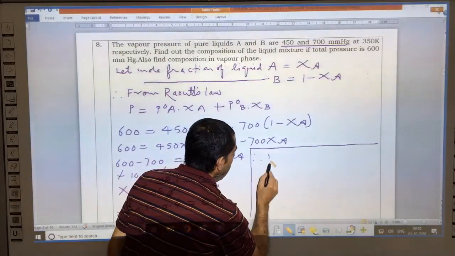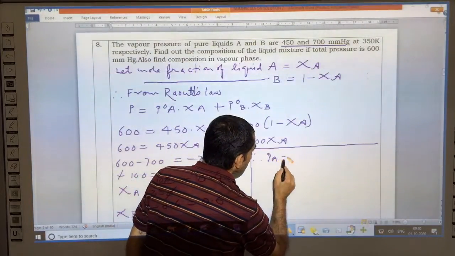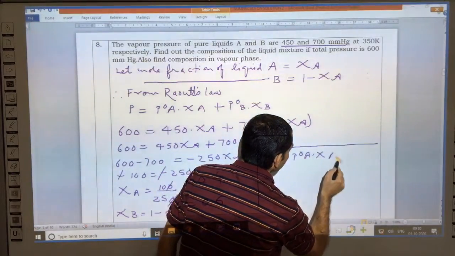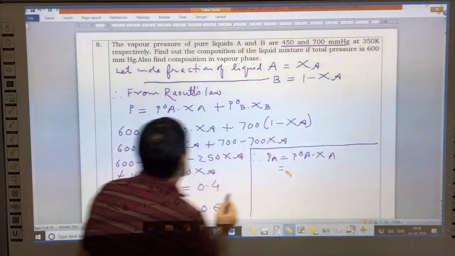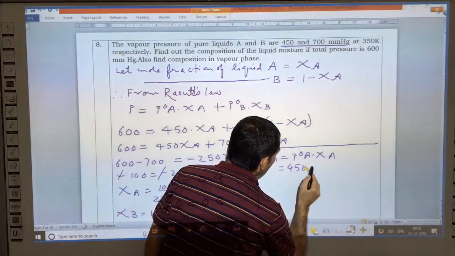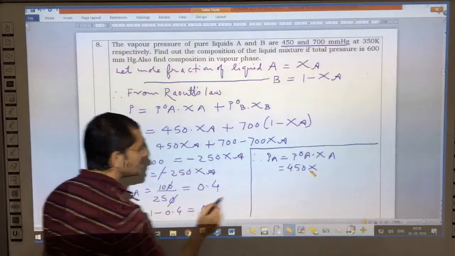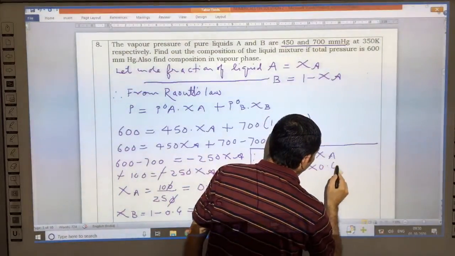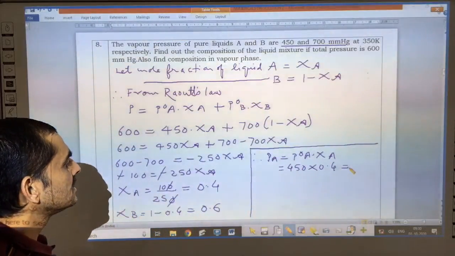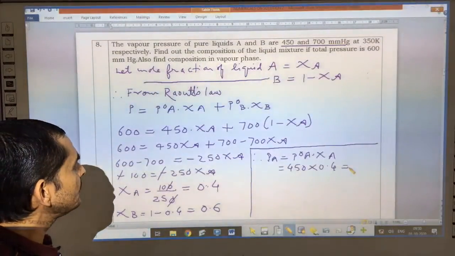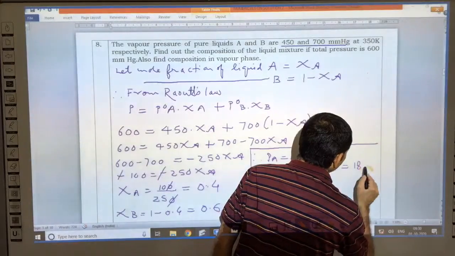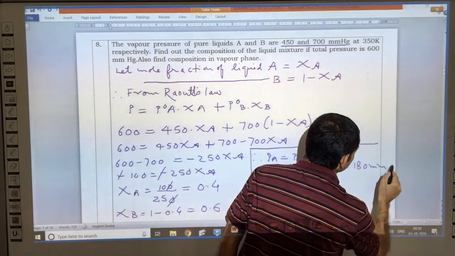Therefore, PA will be equal to P naught A XA. What is P naught A? 450 multiplied by mole fraction XA 0.4. This comes to be how much? 4 5 20, 4 4 16, 17, 18, 180. This is 180 mmHg.